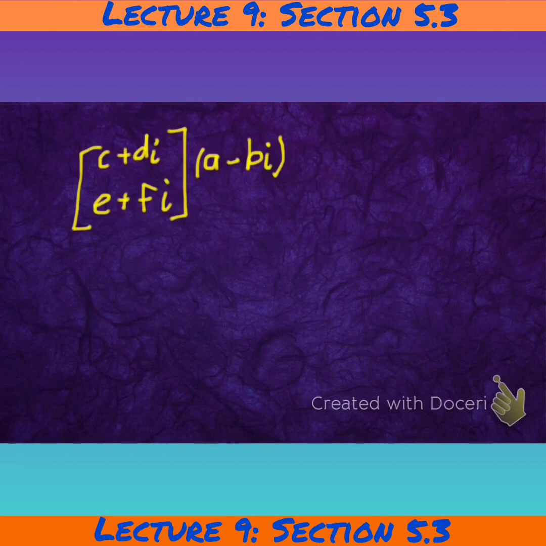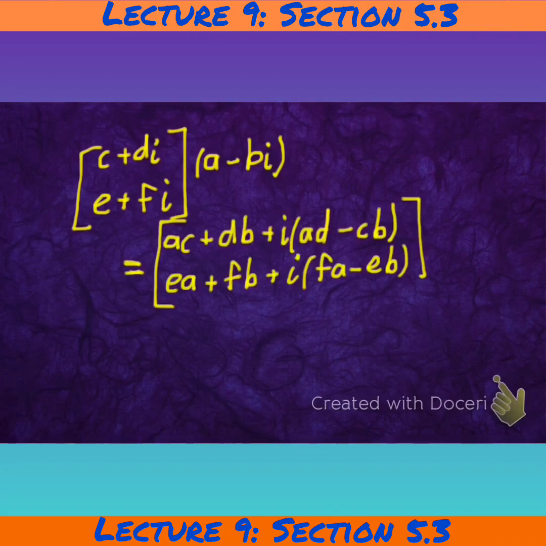Now looking at the other side, the vector x multiplied by lambda, that you can go and multiply out in the normal fashion. So you multiply this complex number with that entry and you multiply the complex number with that entry.